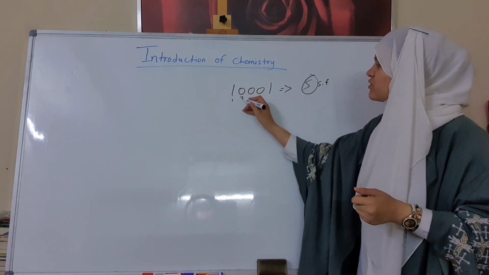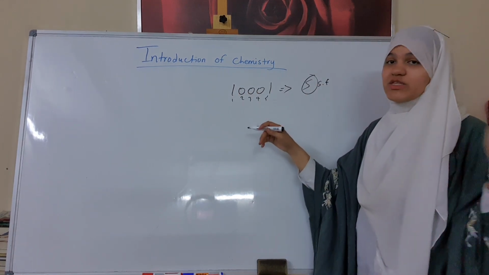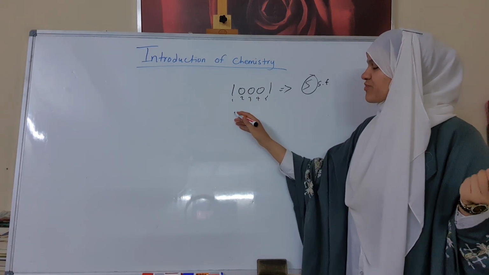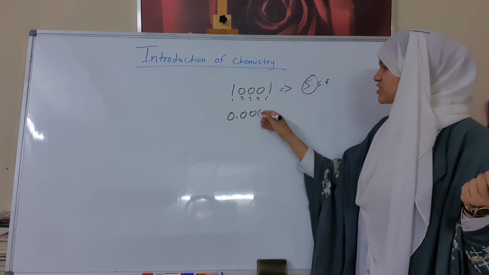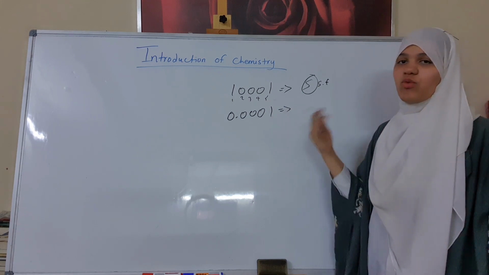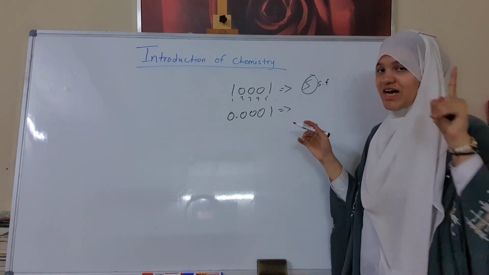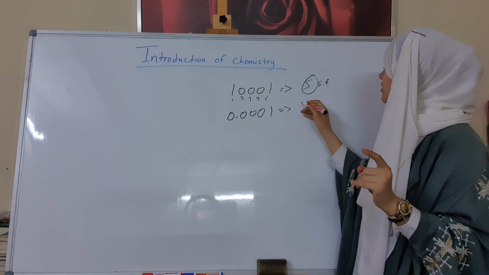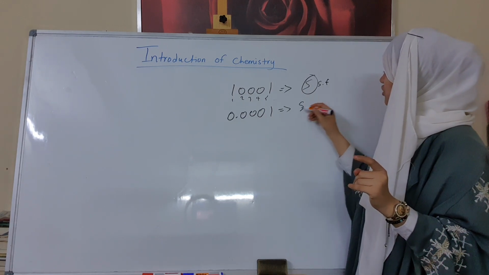Why? Because we have 1, 2, 3, 4, and 5. What about others, for example 0.0001? Here we have just one significant figure.